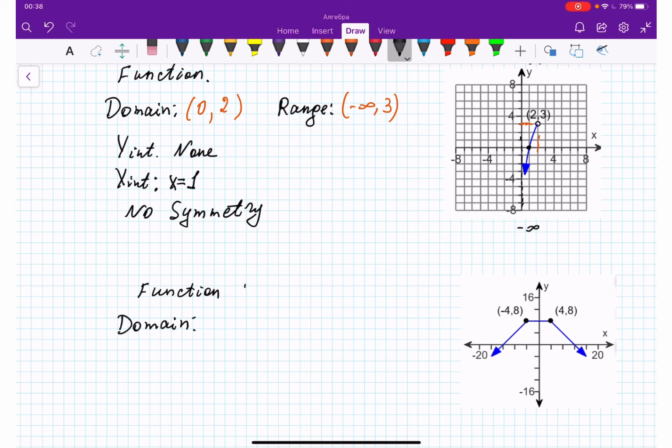Since we don't have any interruption on the graph, and both ends are running to infinity, there is no stopping point. Then the domain is going to be negative infinity, positive infinity, running from negative infinity to positive infinity. Okay?